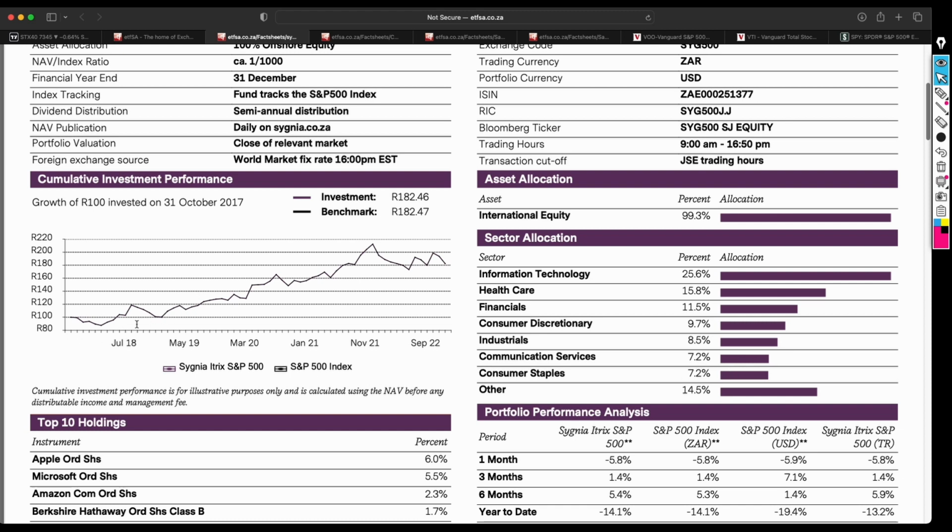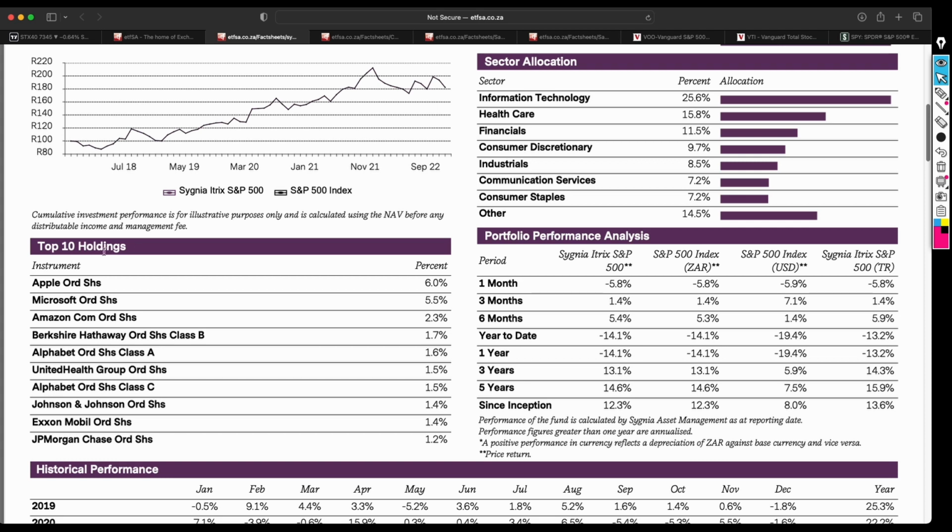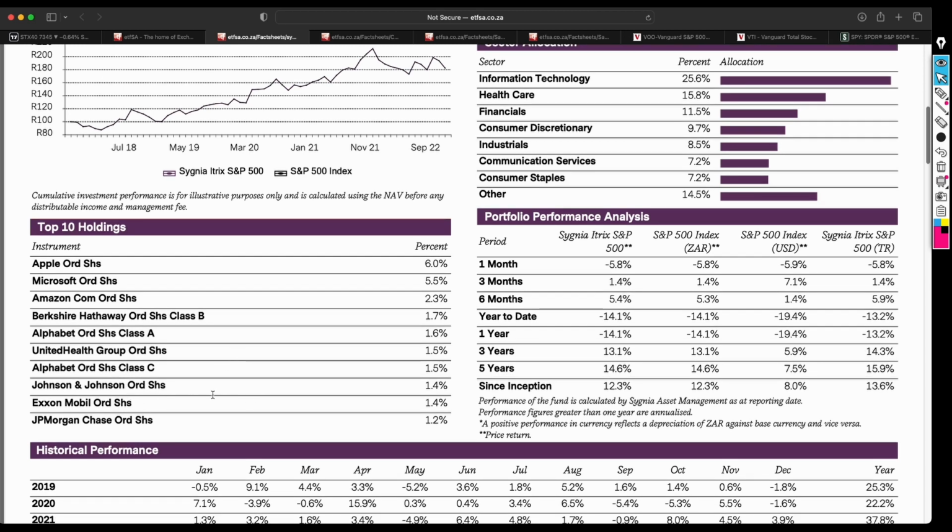We can see the performance since inception, which was October 2017, and the net asset value has been growing nicely. In terms of the top 10 holdings, it also has companies such as Apple, Microsoft, Amazon, Alphabet, Johnson & Johnson, ExxonMobil.